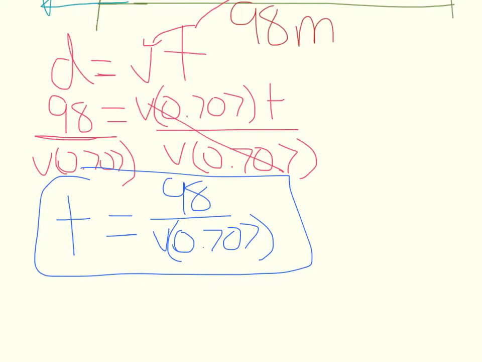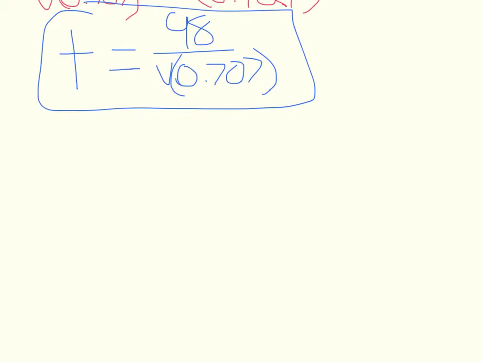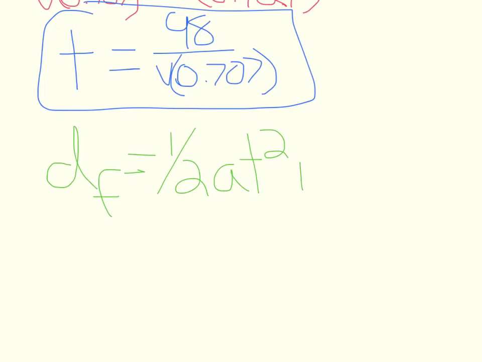Now we're going to plug that into our big equation, which is, as you all know and love, d final equals 1/2 a times t squared plus initial velocity times time plus distance initial, or height initial, same difference. Now, what we're going to do is plug and chug. Those who had Miss Parks, you know what plug and chug is, but we're going to plug this in for time.